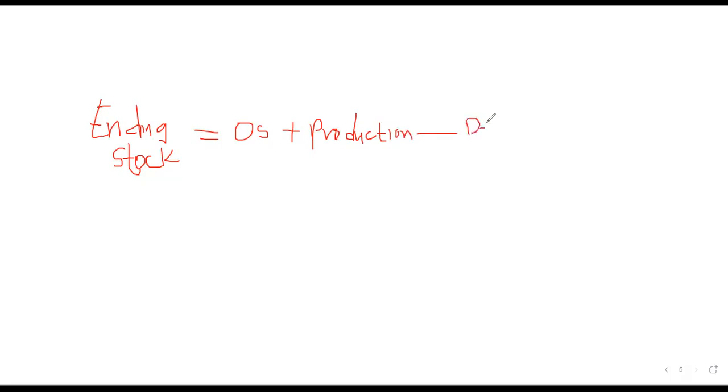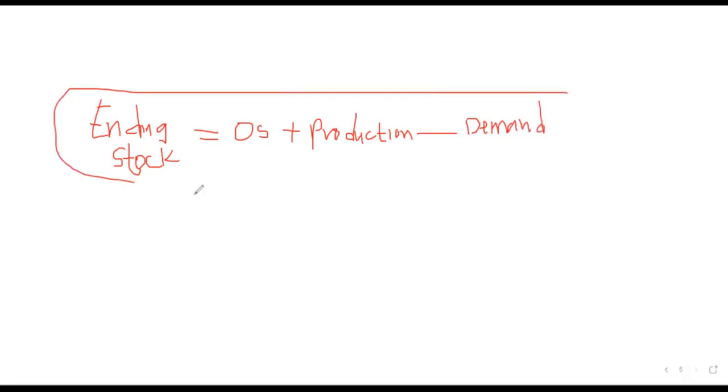So this is how we get to our ending stock. Ending stock is equal to beginning stock plus production minus the demand.